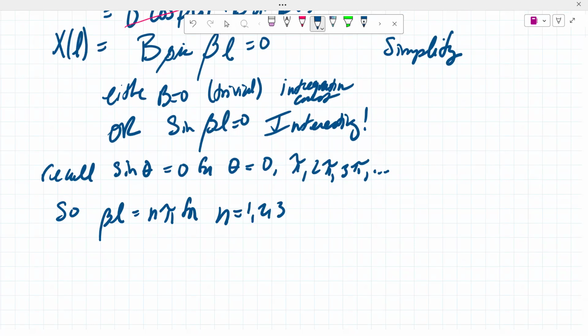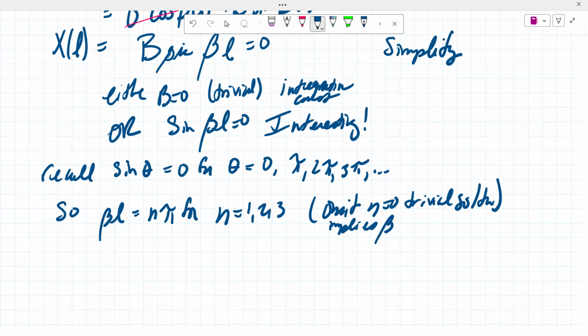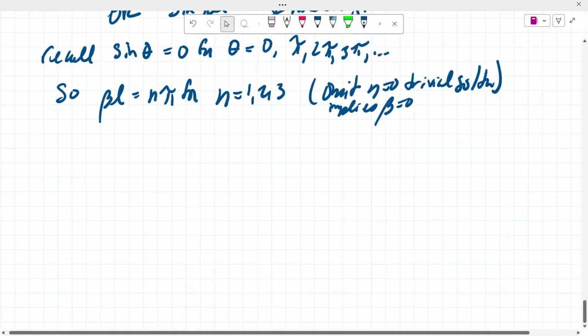That is integral numbers of pi. We will omit n equals 0. n equals 0 is a trivial solution. That implies beta equals 0, right? So that's why we're going to omit 0. We start at 1, so we'll start with pi.